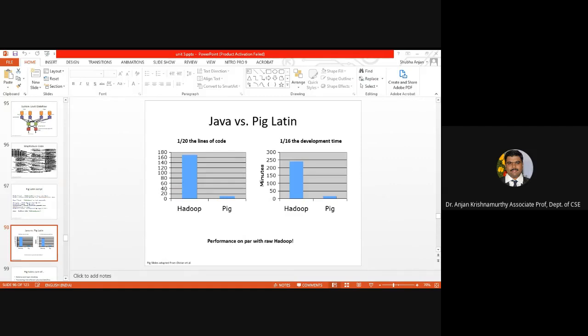So this instance is very important because the effort of doing a coding job is drastically reduced with respect to the Pig Latin scripts, right? You can observe in this slide that the amount of effort required for writing is drastically reduced.